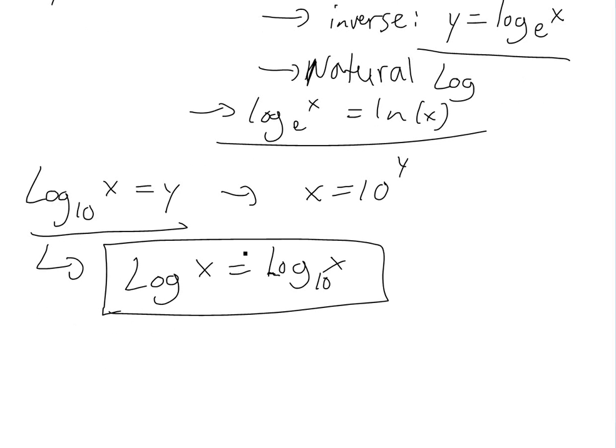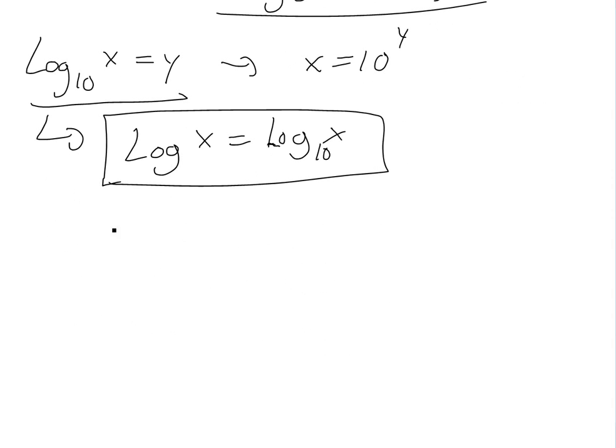Okay, so now let's actually look at some examples. Well, before that, there's another property we should write down. Log base a of a just equals 1, because if you look at the definition, what this is saying is that a equals base a to the power of 1.